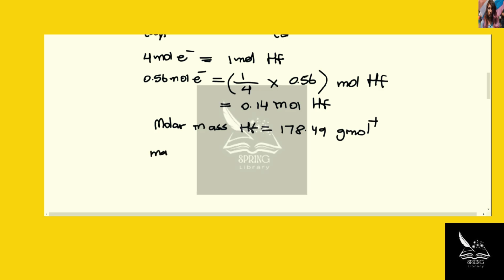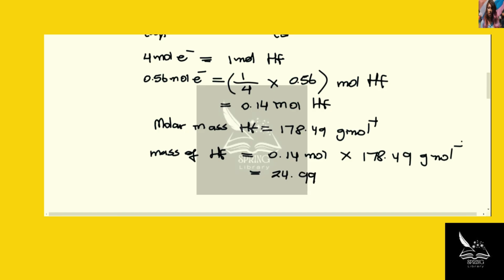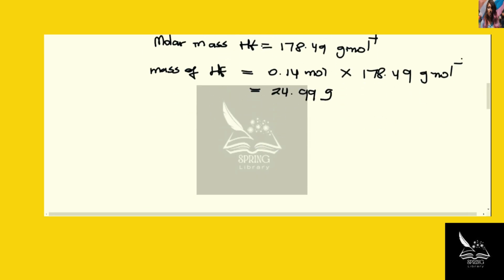Therefore, the mass of hafnium produced is equal to 0.14 moles multiplied by 178.49 grams per mole. That is equal to 24.99 grams. Therefore, 24.99 grams of hafnium was produced.